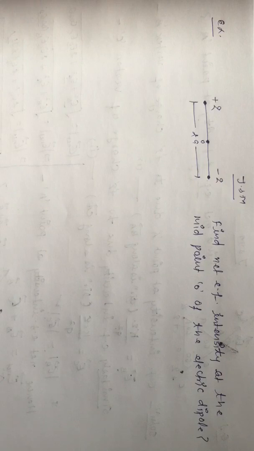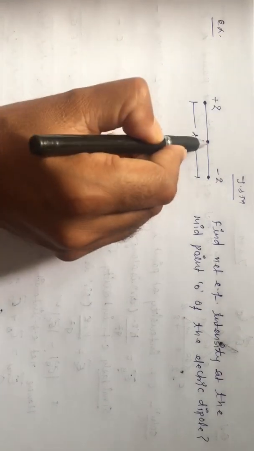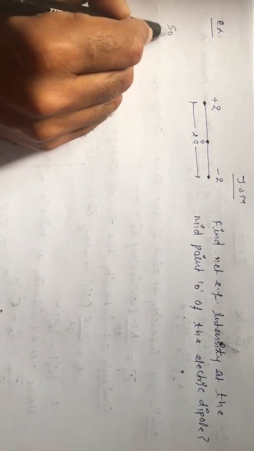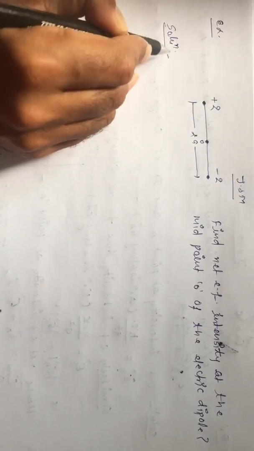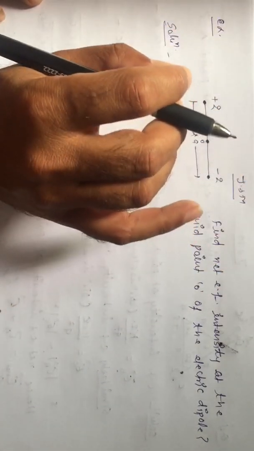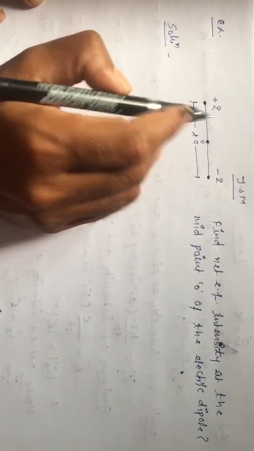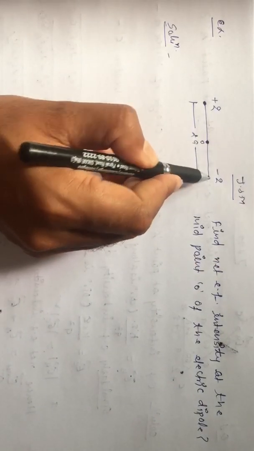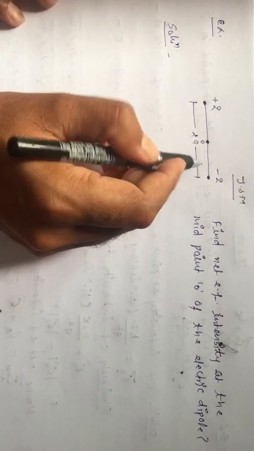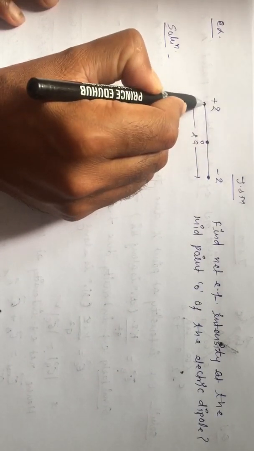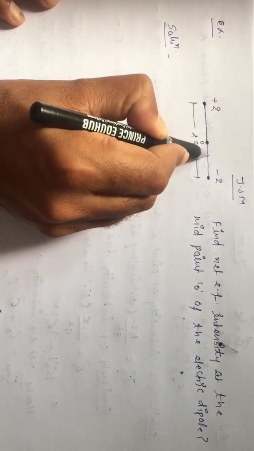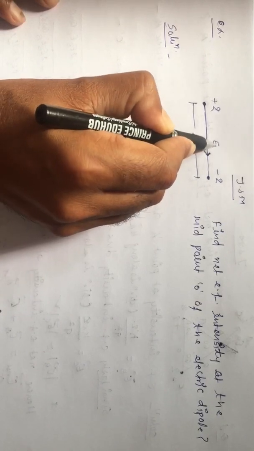Clear? How will you find the electric field intensity at point O? What is the concept we have discussed? Superposition principle. At point O we don't directly know any formula due to both point charges, but due to this point charge we can find the intensity at O, and due to this point charge we can find it. Suppose the intensity due to plus Q charge at point O is E1, and it will be away from the positive point charge.